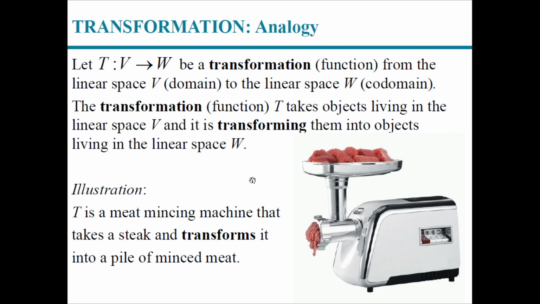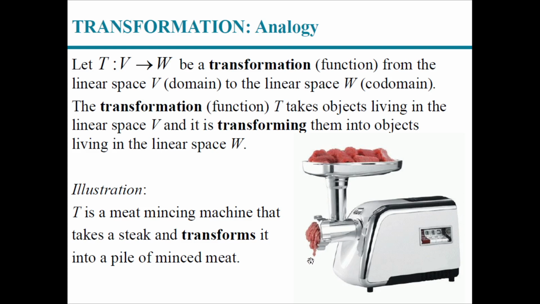So a caricature of that is if you take meat cubes or steak and then you have this mincing machine that produces minced meat. So this is a transformation. You had one object at the entrance and then the transformation did something to it and it transformed it into another object.